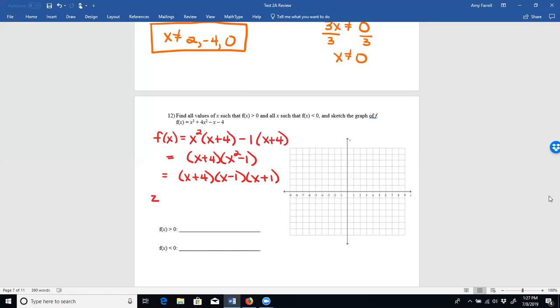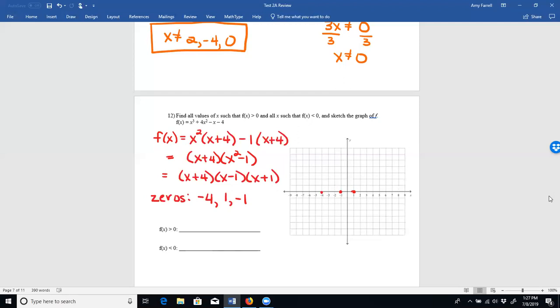So the zeros of this function, the zeros are where f of x is equal to 0. My zeros would be negative 4, positive 1, and negative 1. I'm setting each of these factors to 0 to come up with my zeros. My zeros, as long as they're real numbers, are going to be my x-intercepts. So I'm going to plot negative 4, positive 1, and negative 1.